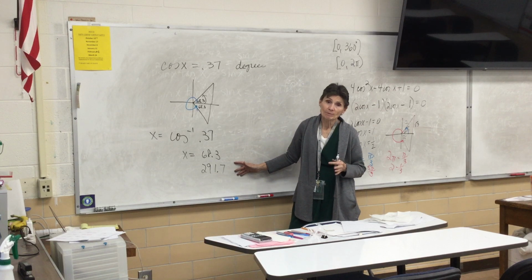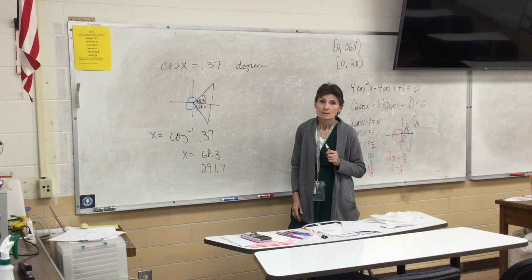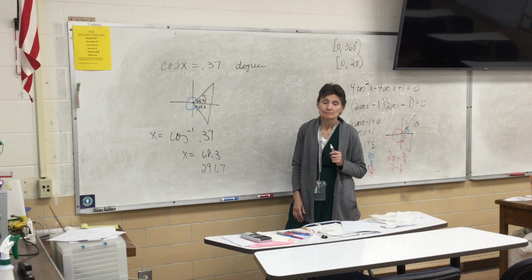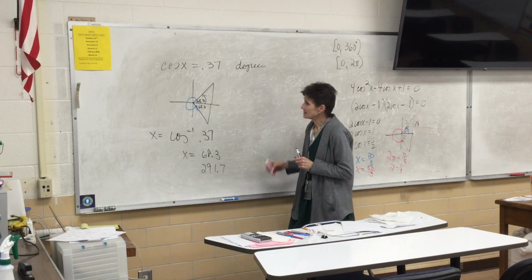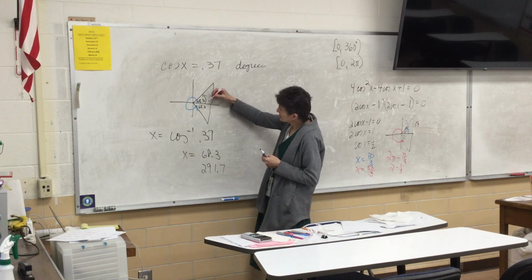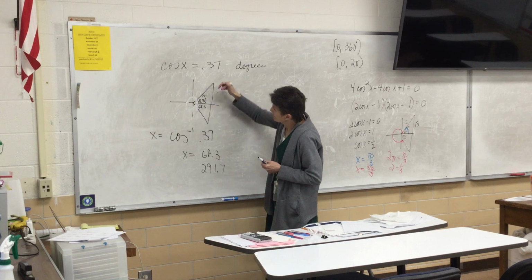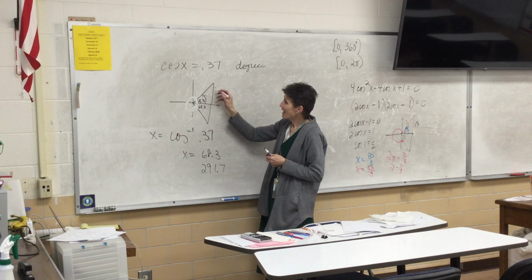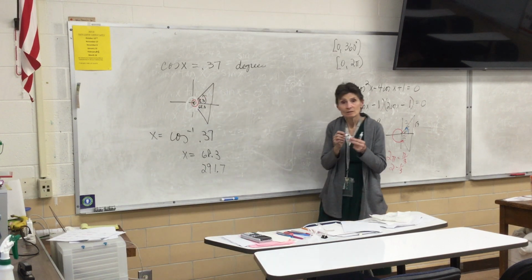But notice that problem 5 does not give that direction. Number 5 says, find them all. Well, guys, there are infinitely many answers to this problem, because I want you to think about something for a minute. This black angle right here, 68.3, if that's an answer, wouldn't this also be an answer?